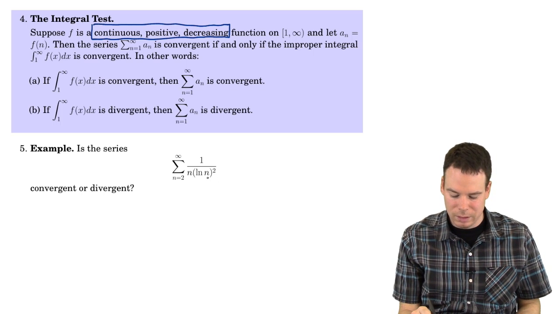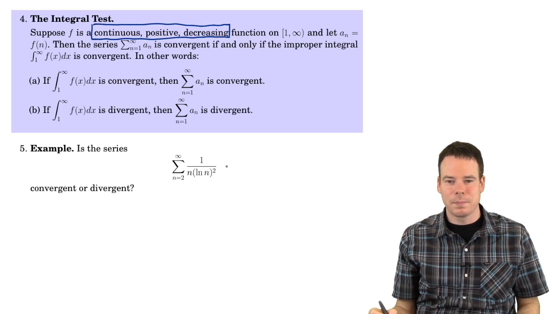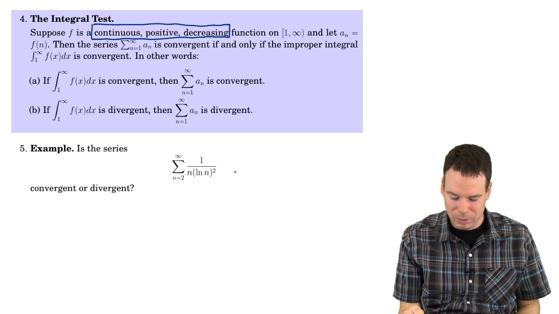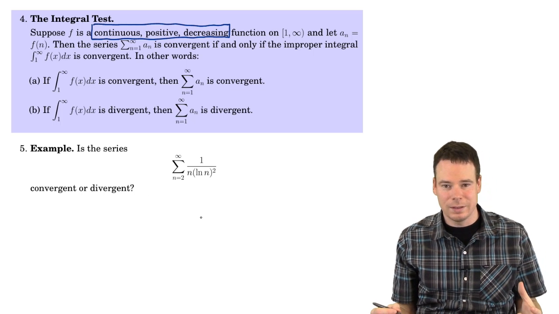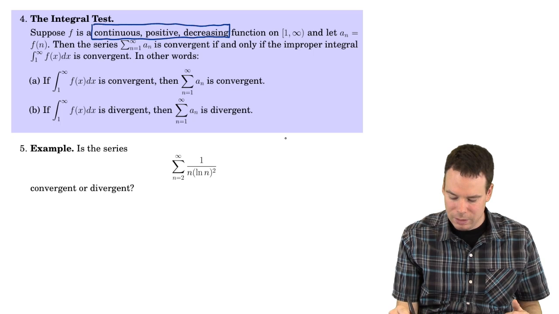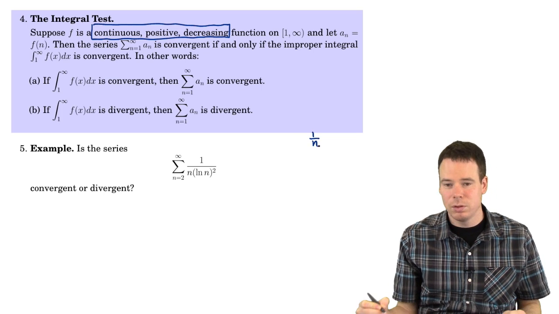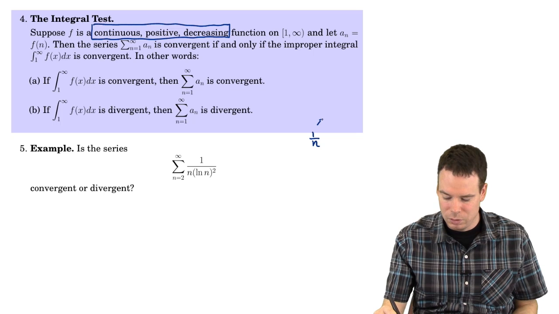1 over n times ln of n all squared. Now, one of the things to note with this example, you may say, well, where is this example coming from? Well, the idea is this. We know that a series with terms 1 over n diverges.